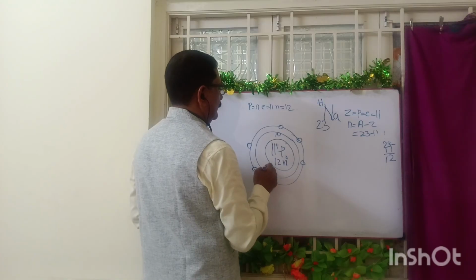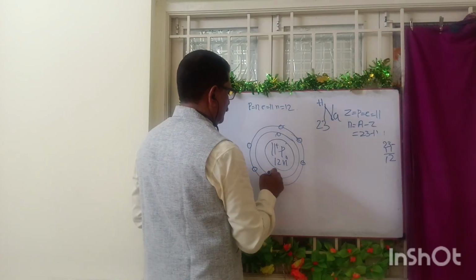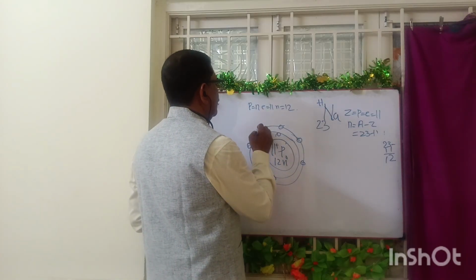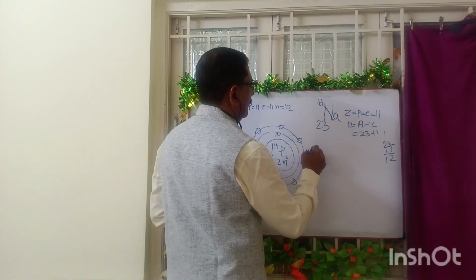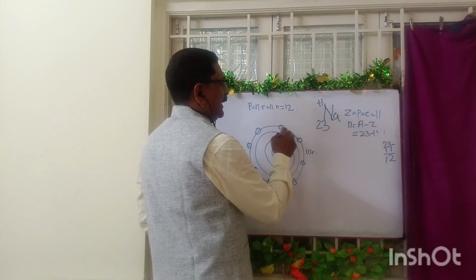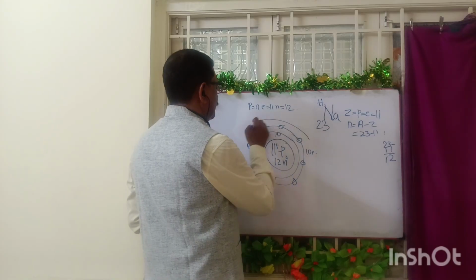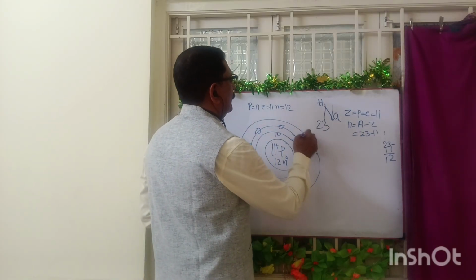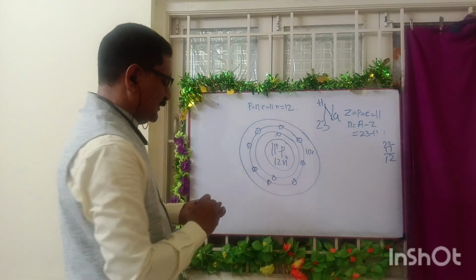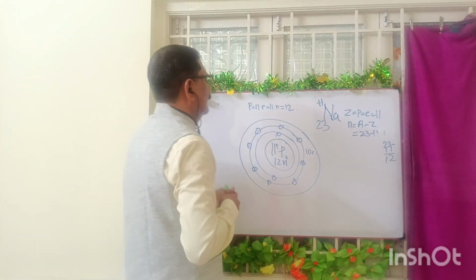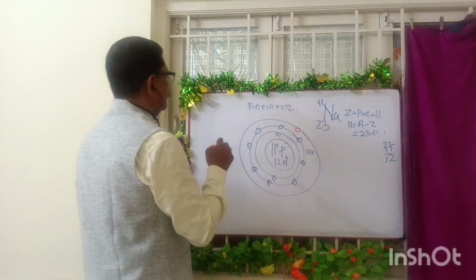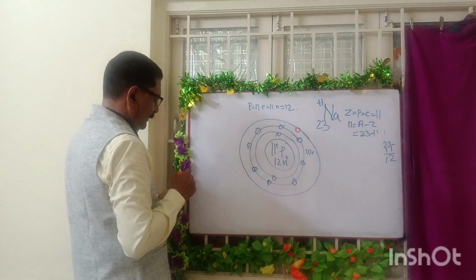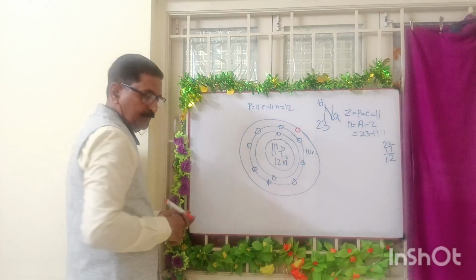One, 2, 3, 4, 5, 6, 7, 8. That is, we have used 10 electrons now, the maximum. Then we have to take the next orbit and place the last electron in the outermost orbit. Therefore, like hydrogen, it will have to go to the first group.